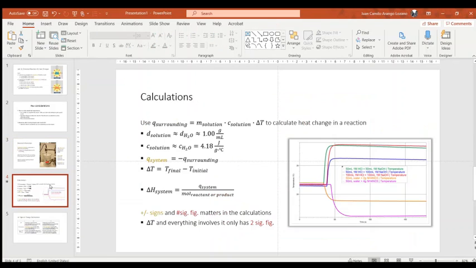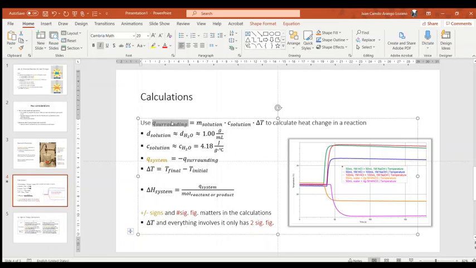Moving forward, these are the basic calculations you should be performing for this laboratory. You will be measuring the amount of heat of the surroundings and the amount of heat of your system. You need to know that the heat of the system and the heat of the surroundings are completely antagonistic, which means that if your system is gaining energy, the surroundings need to be losing that energy, because remember that energy cannot be destroyed or created, right?